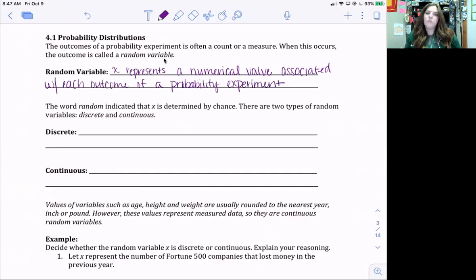Okay. The word random indicated that x is determined by chance, and we have two types of random variables, discrete and continuous.